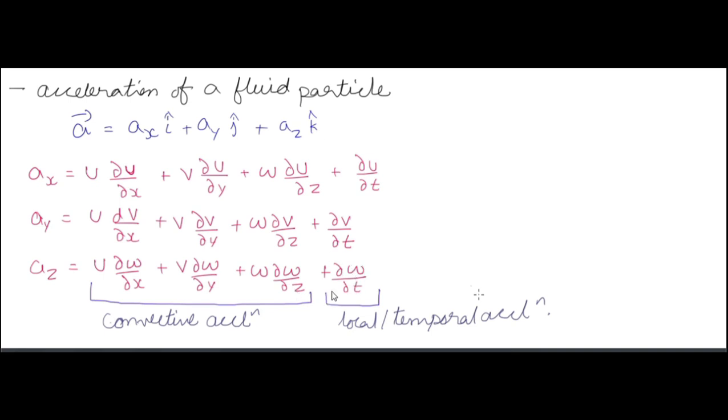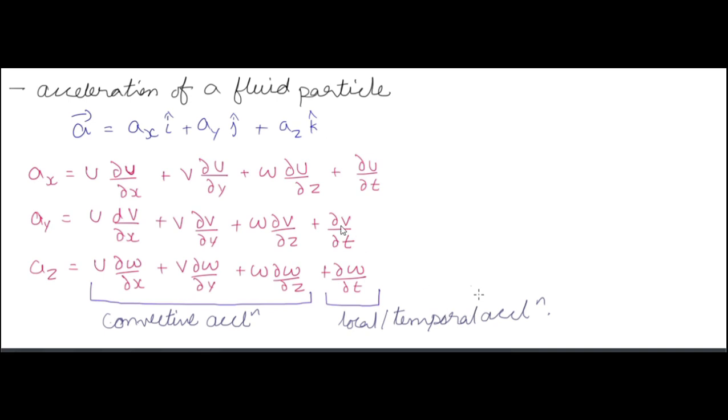All the terms with respect to displacement are known as convective acceleration, and the last term, with respect to time, is known as local or temporal acceleration. So there are two types of acceleration in a fluid particle: convective acceleration and local or temporal acceleration.